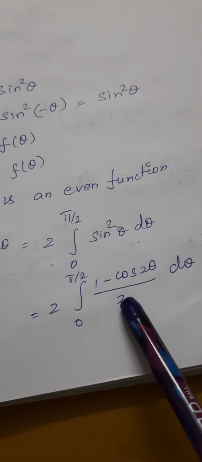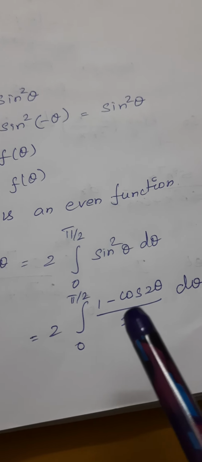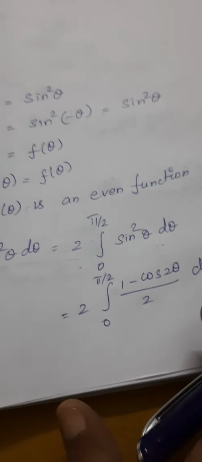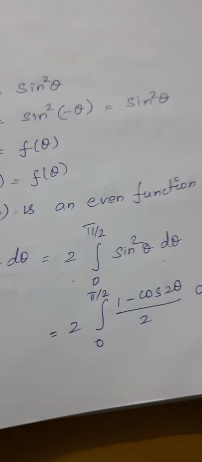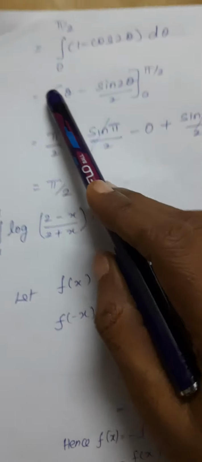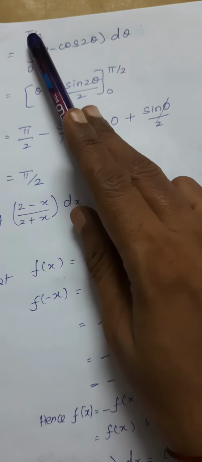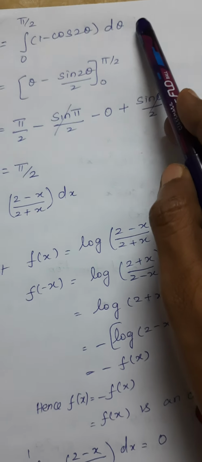See, this 2 is a constant, so we can bring it outside, it will get cancelled and this will become integral 0 to pi by 2, 1 minus cos 2 theta d theta.